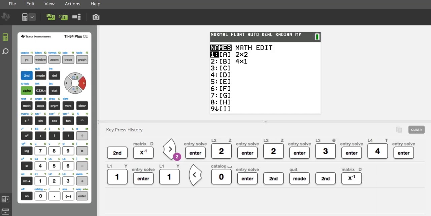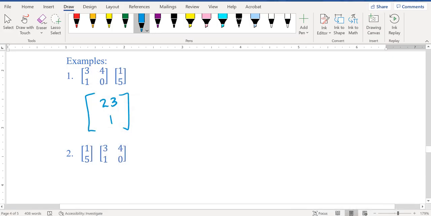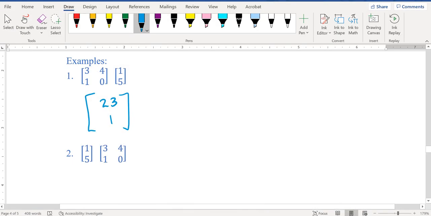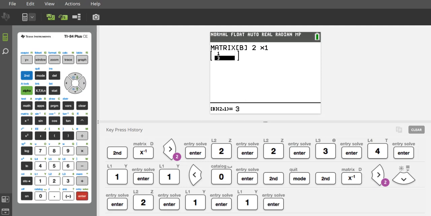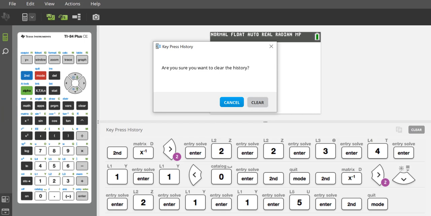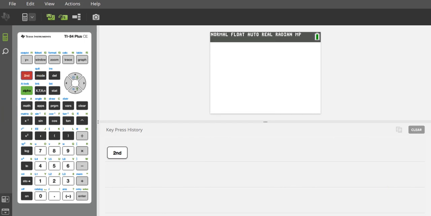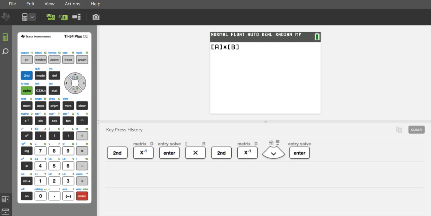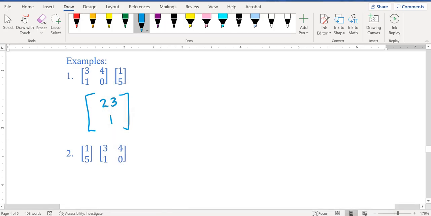Now go enter in matrix B, matrix edit B, and it is a 2 by 1 with elements 1, 5. Now to do the matrix multiplication, I'm going to do second matrix A times second matrix B. Hit enter. 23, 1.